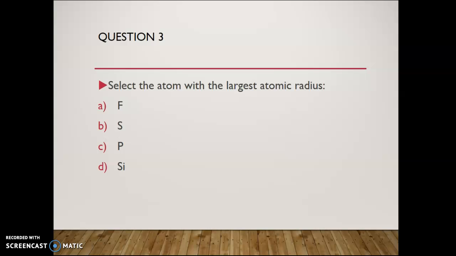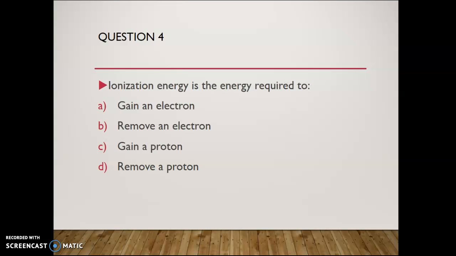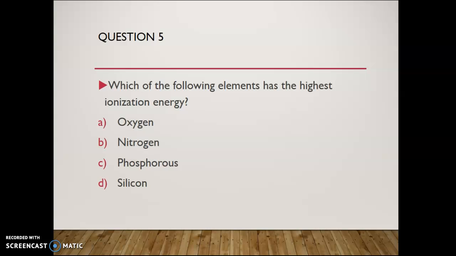Select the atom with the largest atomic radius. You can look at that on your periodic table. And it's whichever one is closest to francium. Ionization energy is the energy required to do what? Go back and look at your notes. And then, which of the following elements has the highest ionization energy?